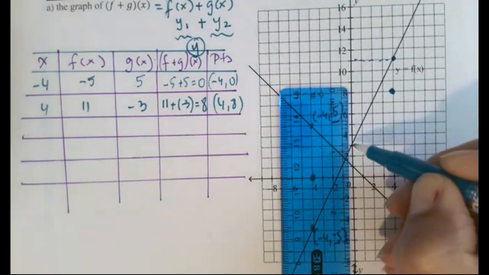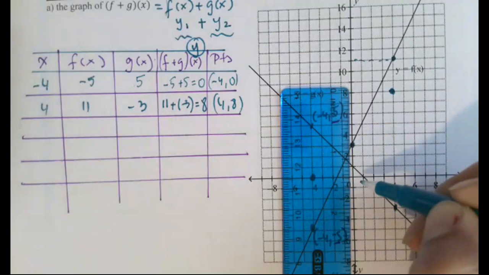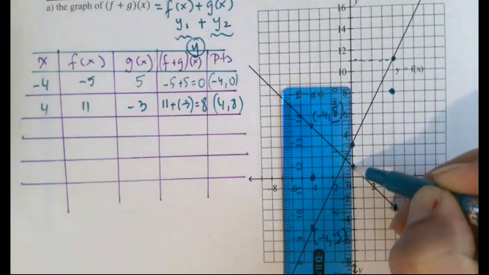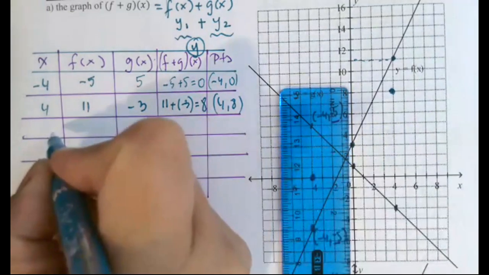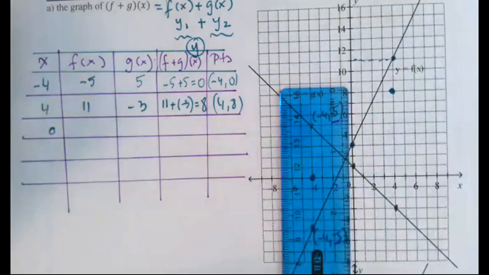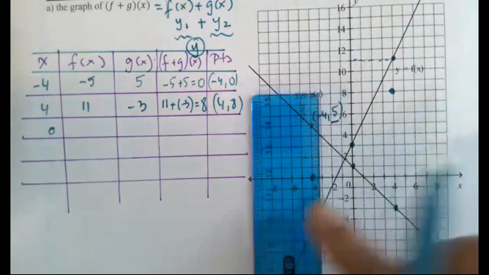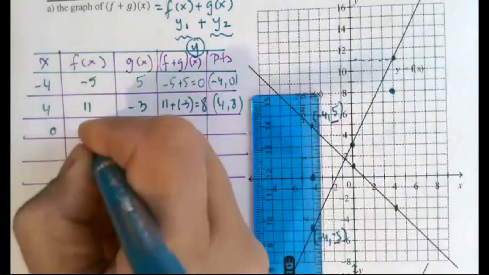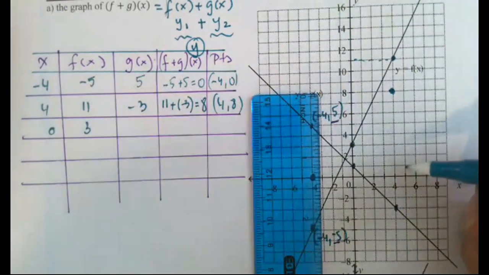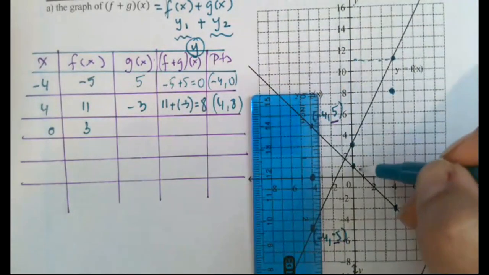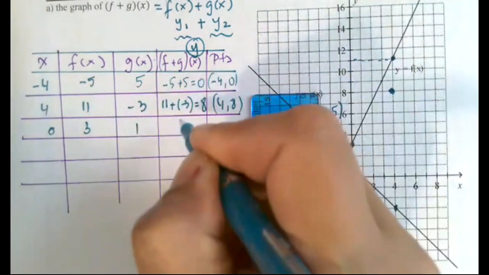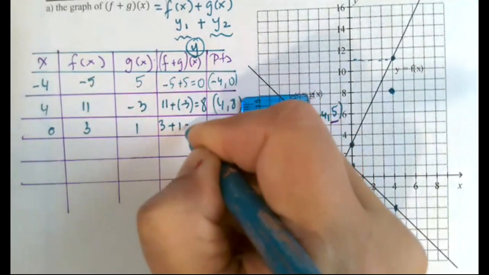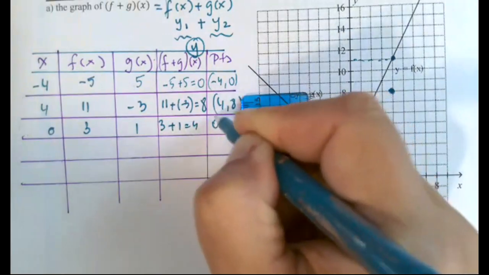So 0 is right there. There's the function f. There's the function g. So when x is 0, function f is at 3. And function g is at 1. 3 plus 1 is 4. 0, 4.